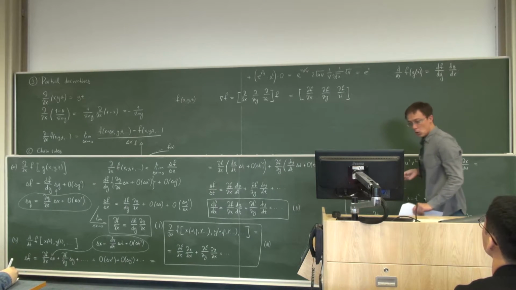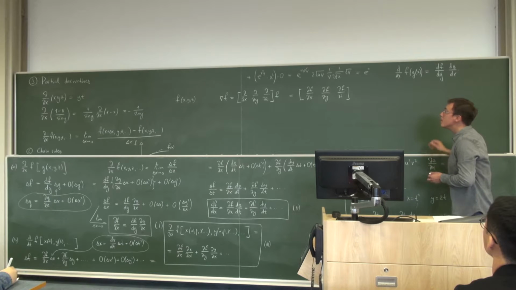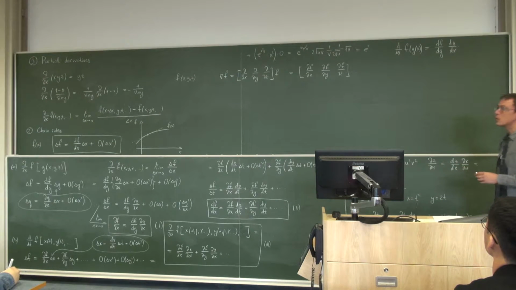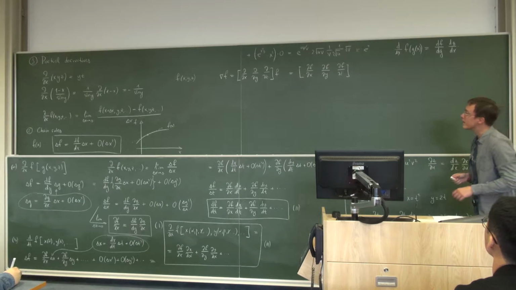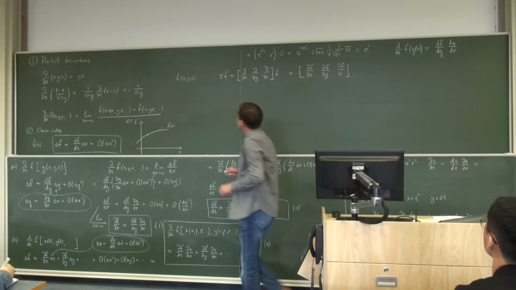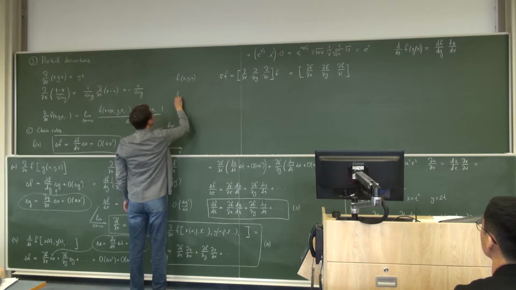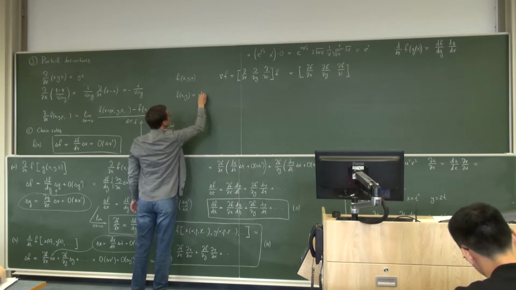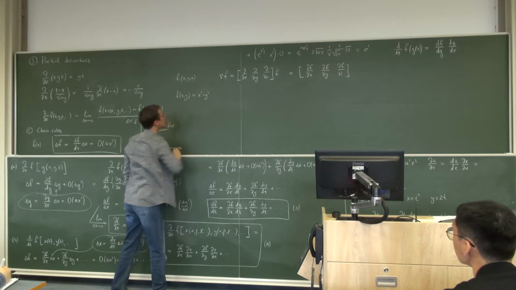Let us take a look at the geometric meaning of this thing. Why would we want to put partial derivatives into a vector? Let's, for example, take something like f(x, y) equals x squared plus y squared.